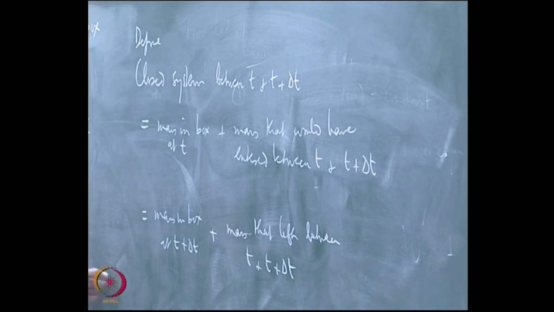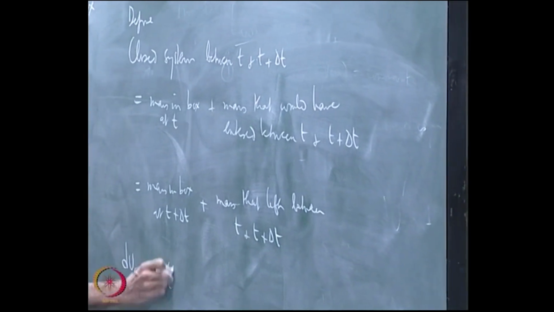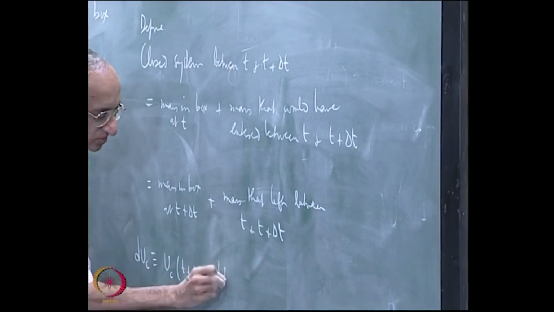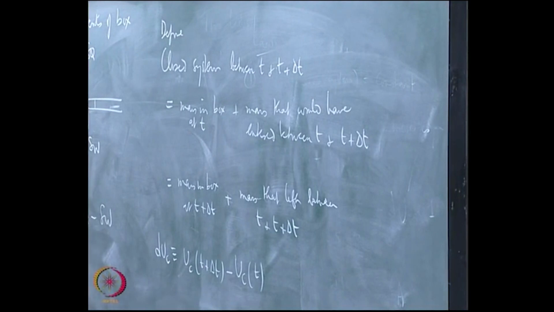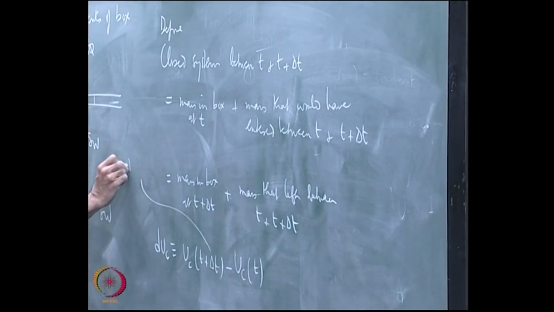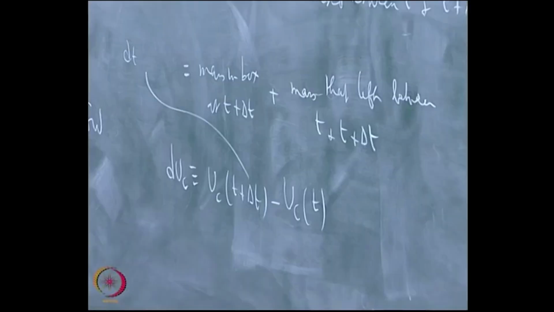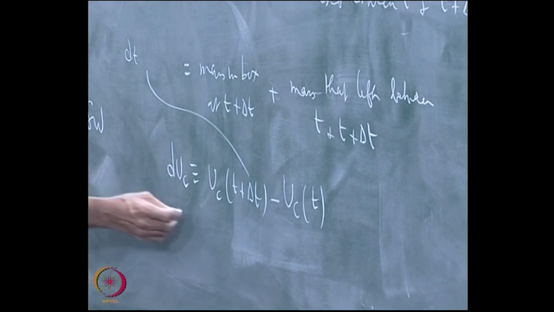So dU for the closed system is equal to U closed system at t plus delta t minus U closed system at t. This delta t we will treat as, eventually I am going to take a differential change in time, dt if you like. What is this equal to?